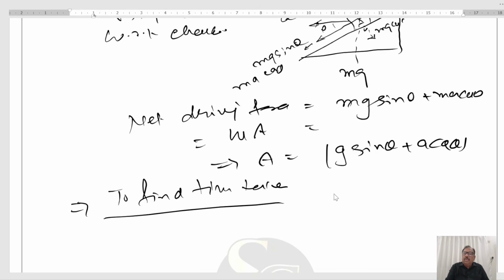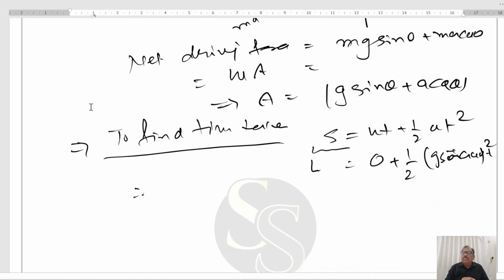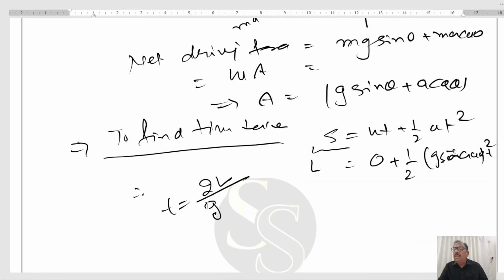To find time taken, use the formula s equal to ut plus half at square. This is L, length of this, initial velocity 0, plus half into g sin theta plus a cos theta into t square. Therefore, t comes out to be under root twice L upon g sin theta plus a cos theta.